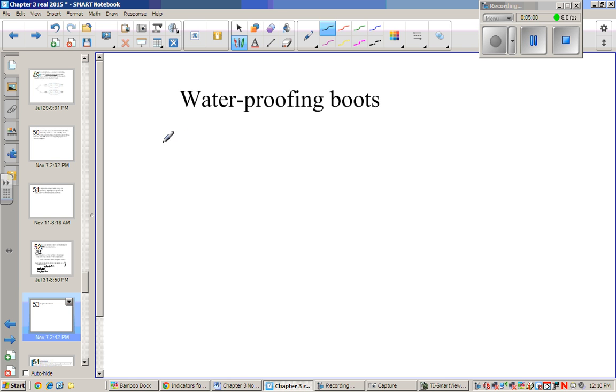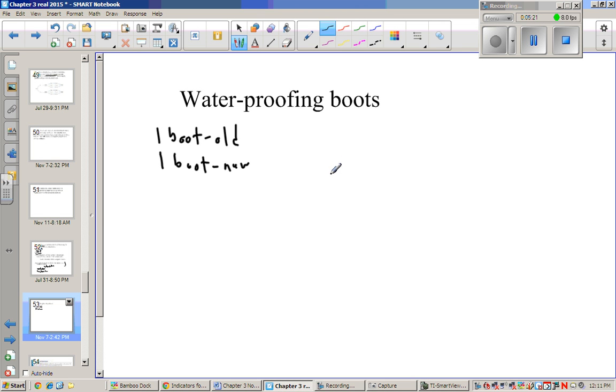One boot would be old waterproofing, and one boot has the new waterproofing. Each person would do this, and then they would randomize who gets the new and who gets the old. And then you can really compare how well they last.